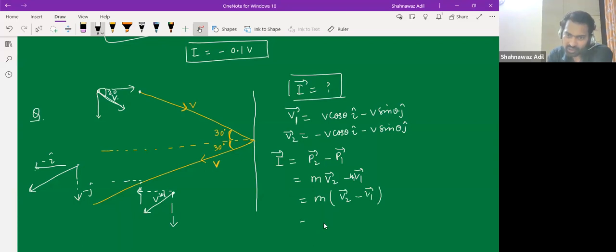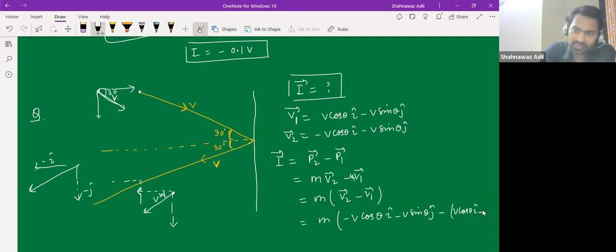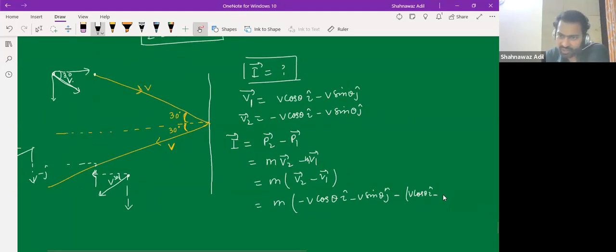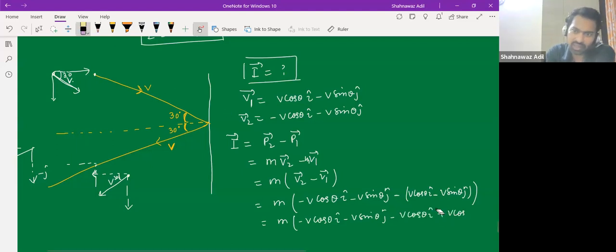V2 is minus V cos theta i hat minus V sin theta j hat, minus V1, which is V cos theta i hat minus V sin theta j hat. So this is m times: minus V cos theta i hat minus V sin theta j hat minus V cos theta i hat plus V sin theta j hat.